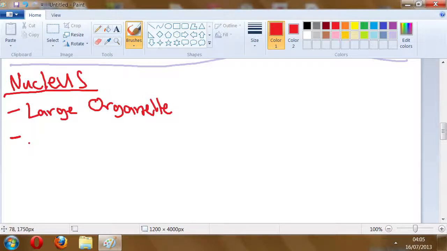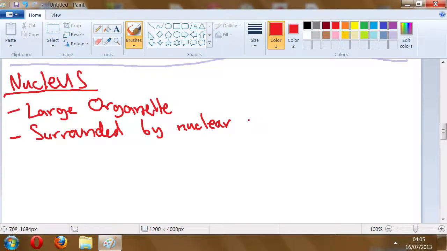And as you saw in the pictures, it's surrounded by the nuclear envelope. I'm actually going to talk a little bit more about chromatin. Let's speak about the envelope first.